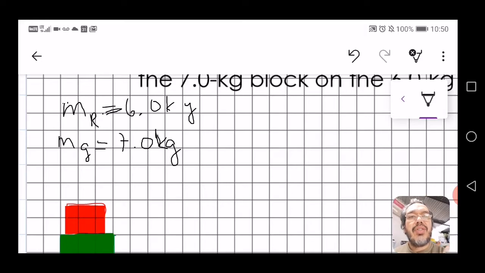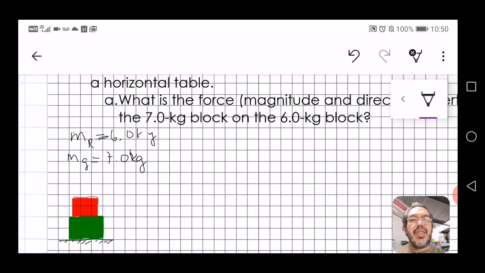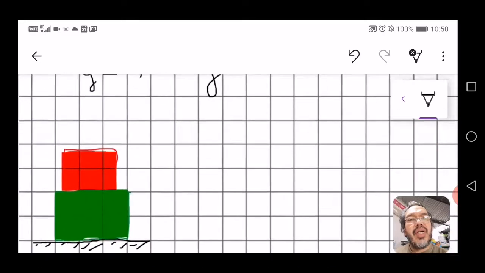And the very first thing that the problem asks is, what is the force exerted by the green block on the red block?